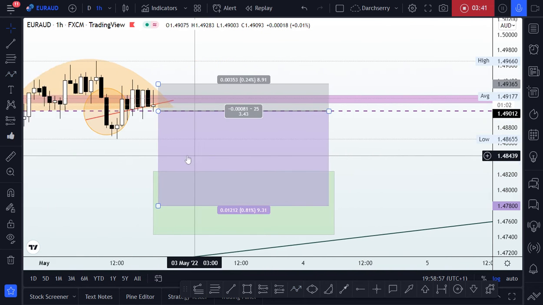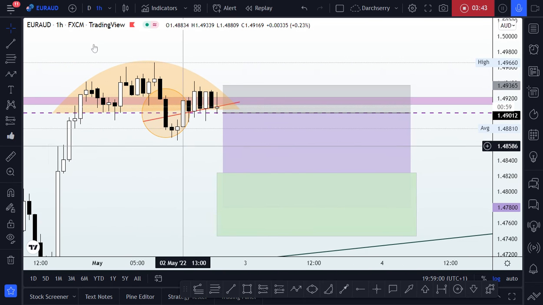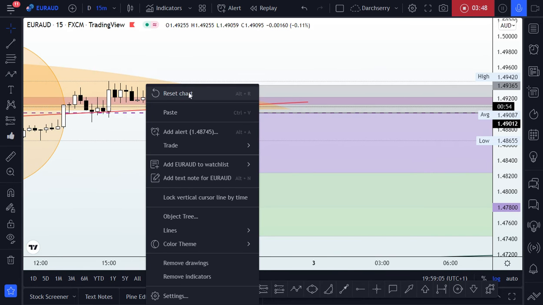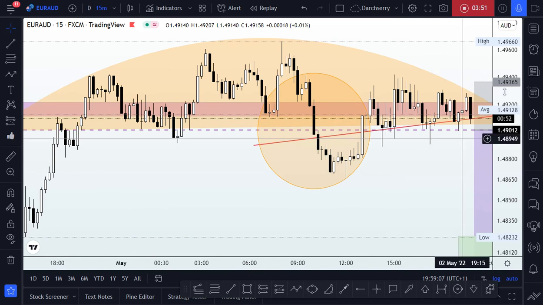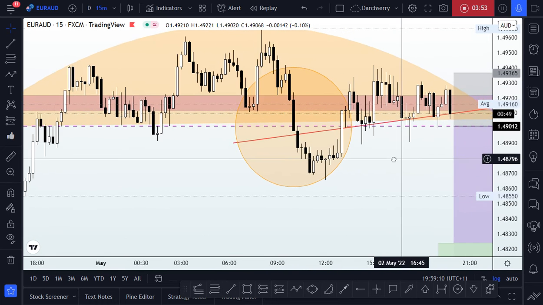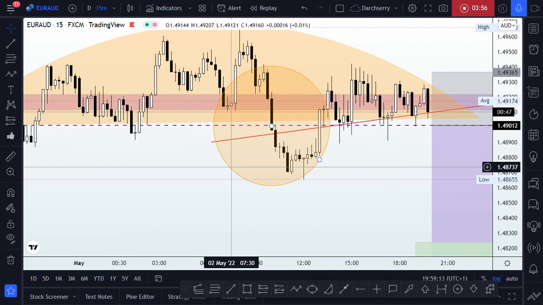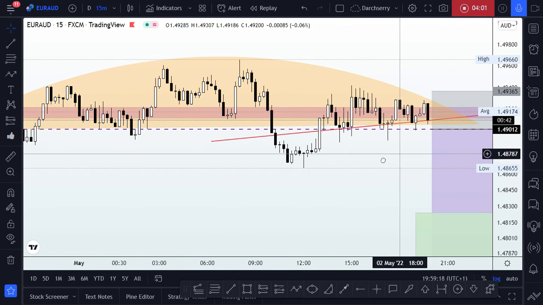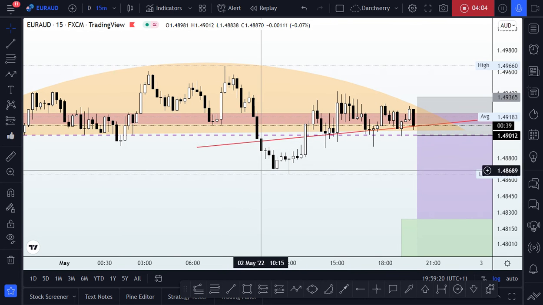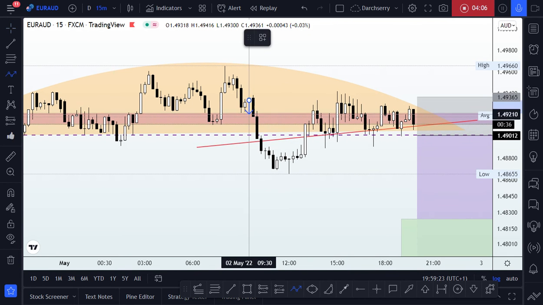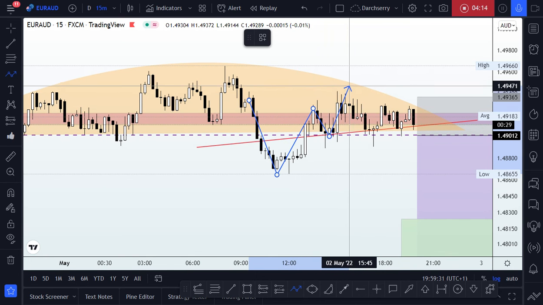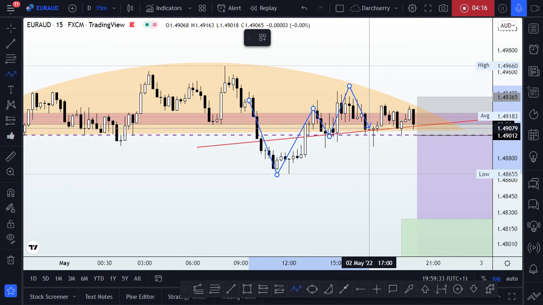So in this regard, to be more affirmative on this one, I scaled down to a 15 minutes time frame where I tried as much as possible to find further confirmations. Spooling down to the 15 minutes time frame, I drew a trend line where, as you can see, after the breakdown of the neckline of that reversal setup, we had price climbing on this trend line for a while, for over, I think, 4 or 5 hours now.